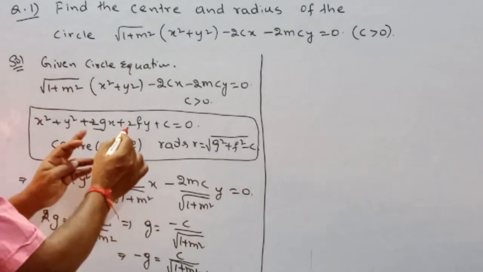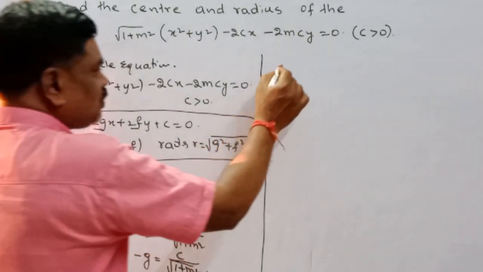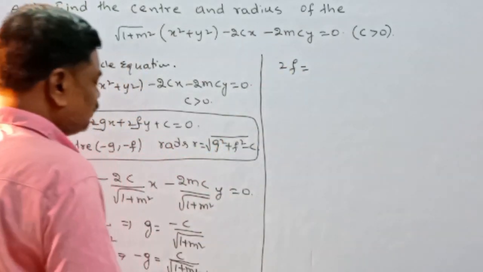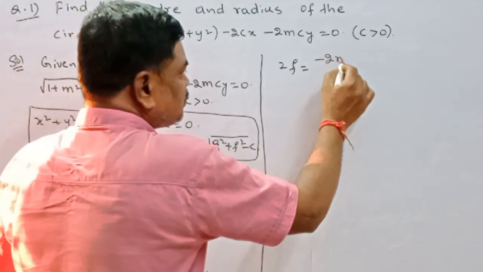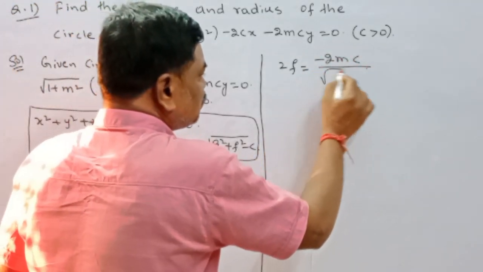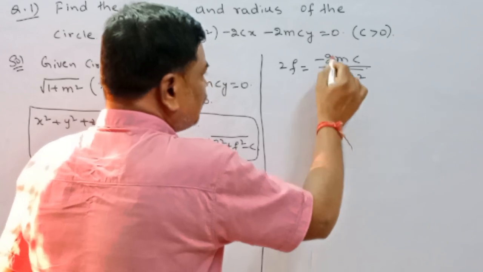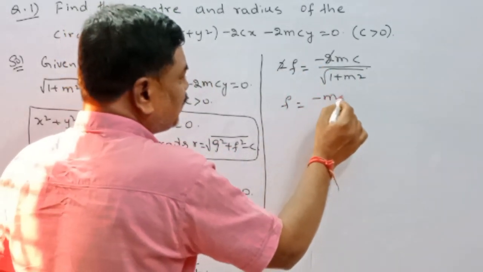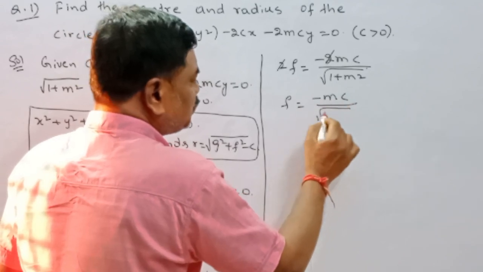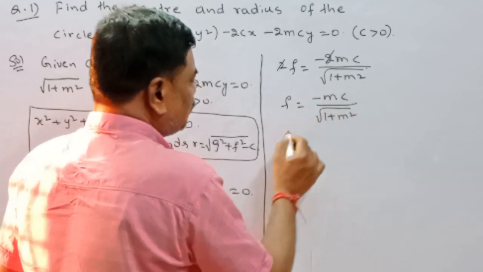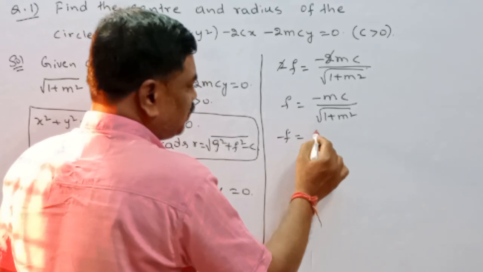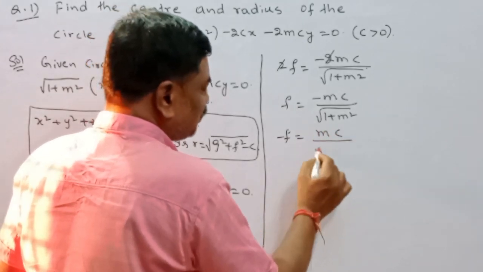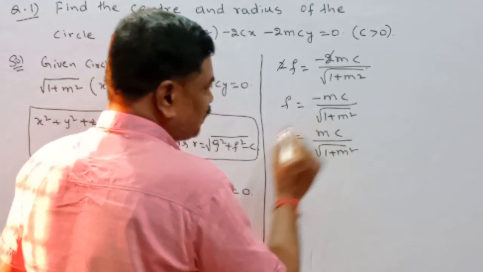Also 2f is equal to minus 2mc by root over 1 plus m square, so f is equal to minus mc by root over 1 plus m square, and minus f is equal to mc by root over 1 plus m square.